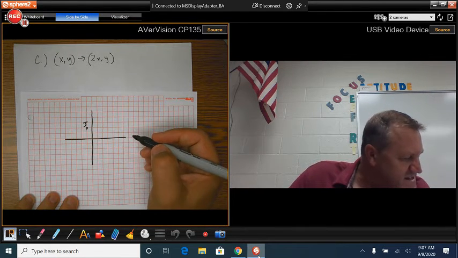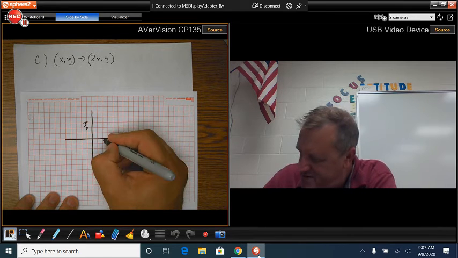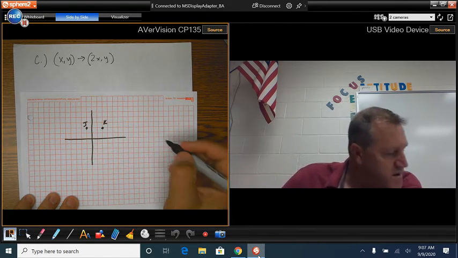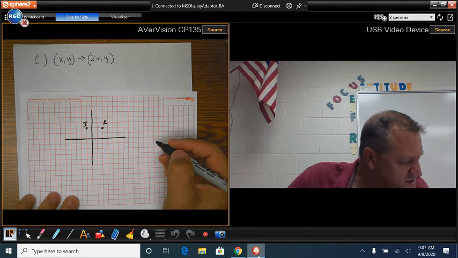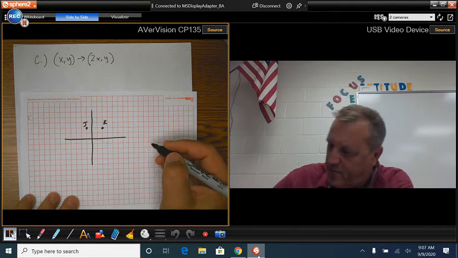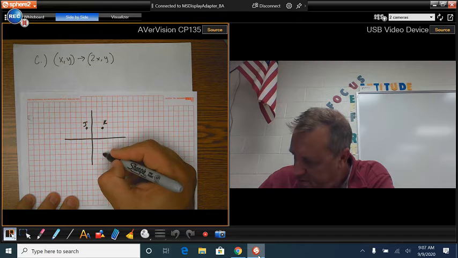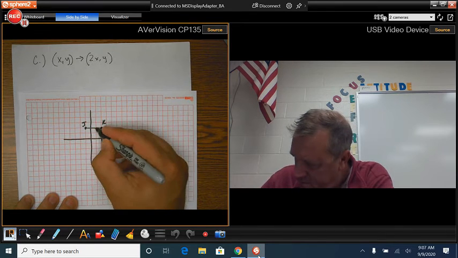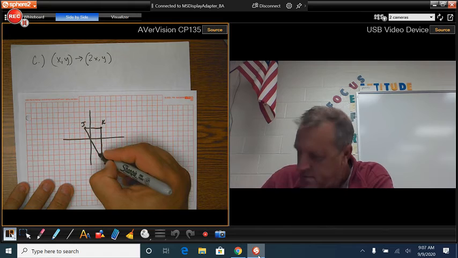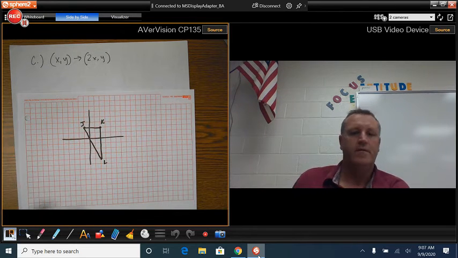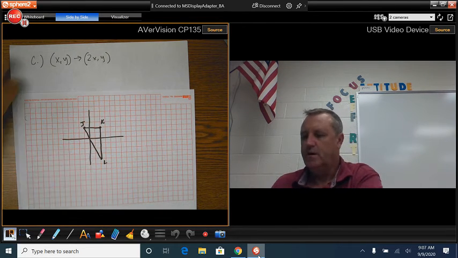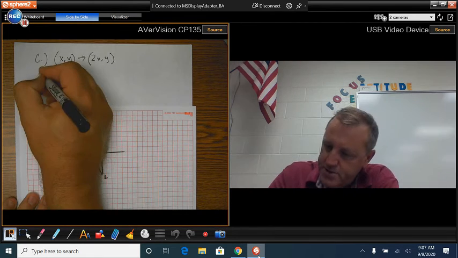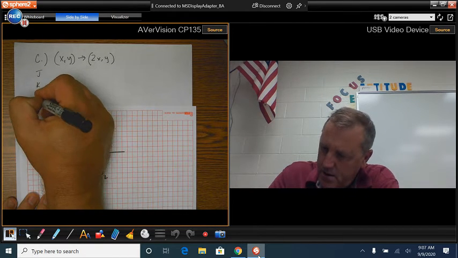K looks like it's at 2, 2. And L looks like it's at 2, negative 4. Got it? All right, so we're going to rewrite those in order. We got J, K, and L.